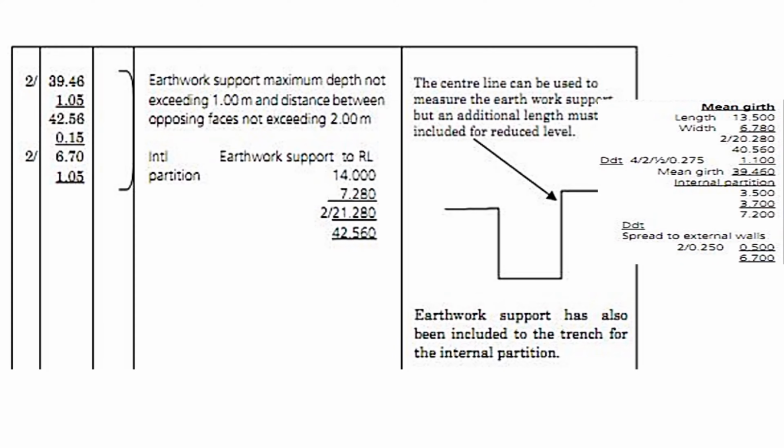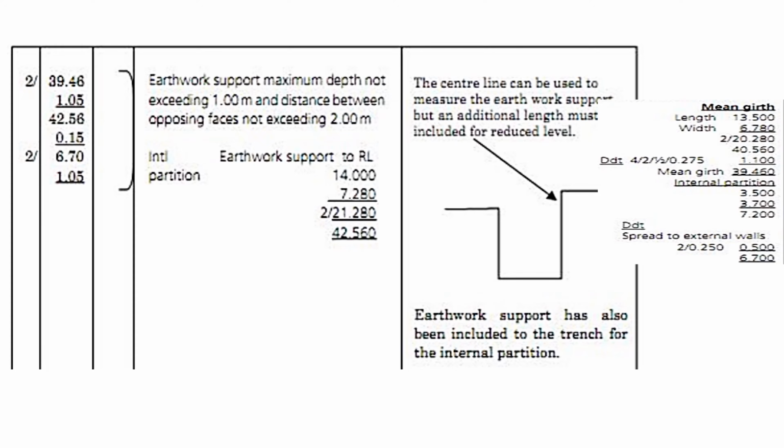Then we shall go to earthwork support, maximum depth not exceeding 1 meter and distance between the opposing faces not exceeding 2 meters. When you're supporting the earthwork, we are supporting the soil. Remember, this is clay soil, and clay soil may collapse. So we usually support even where we have reduced the level and in the trenches.